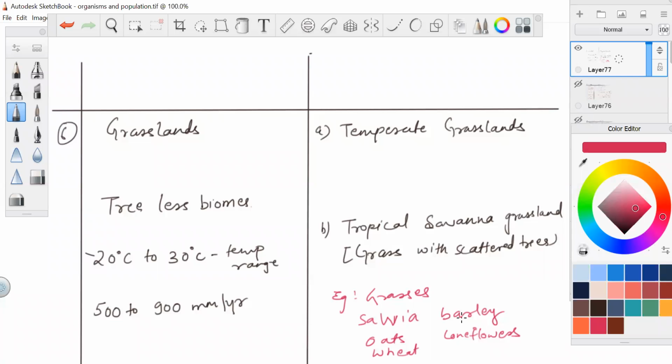Ma'am, what's written on the grasses? Grasses, salvia. Okay.